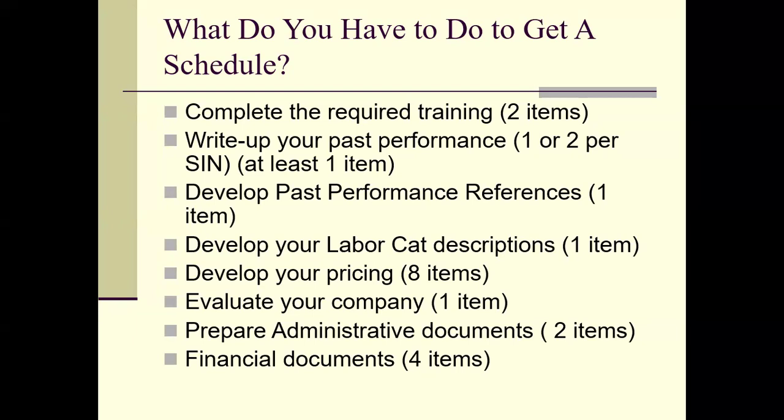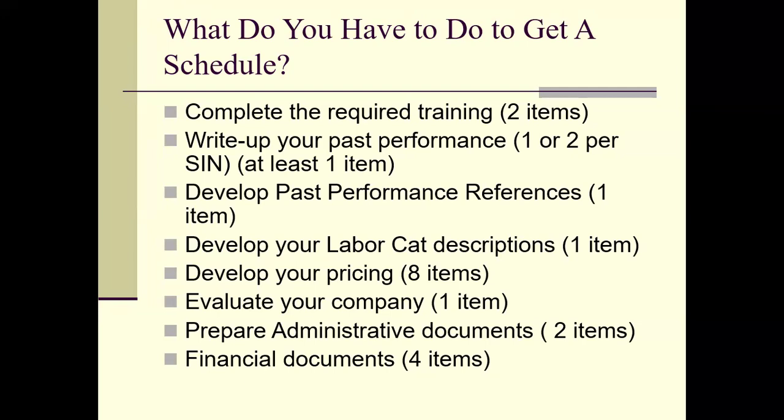And then you have administrative documents that you have to prepare. And these are basically how you do business. In terms of the reps and certs that are contained within the schedule, you have to say, yeah, I don't have any exceptions to those reps and certs, or this is how I do a subcontracting plan if I'm a large business.